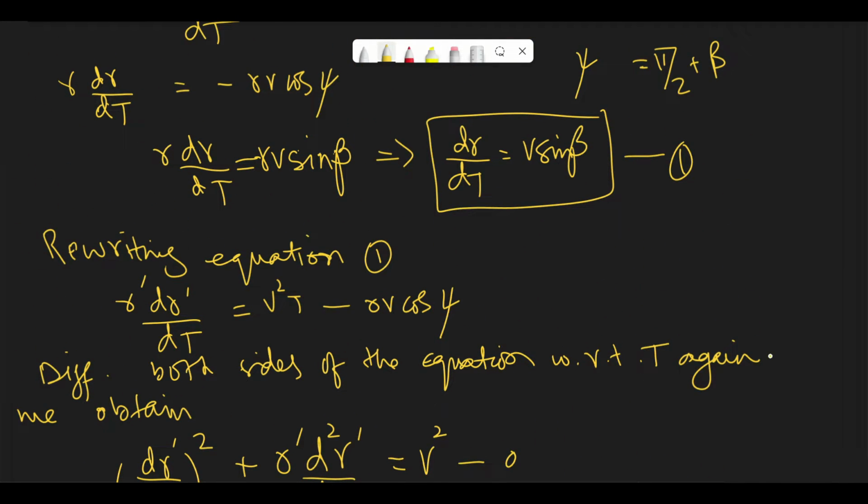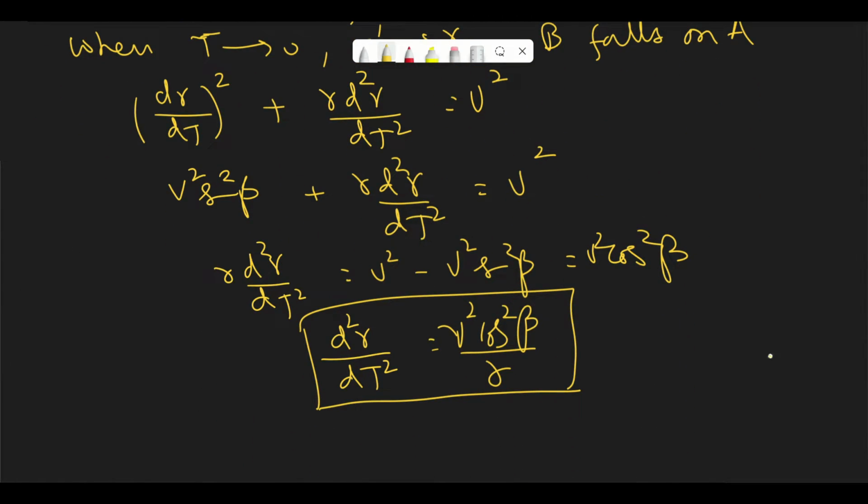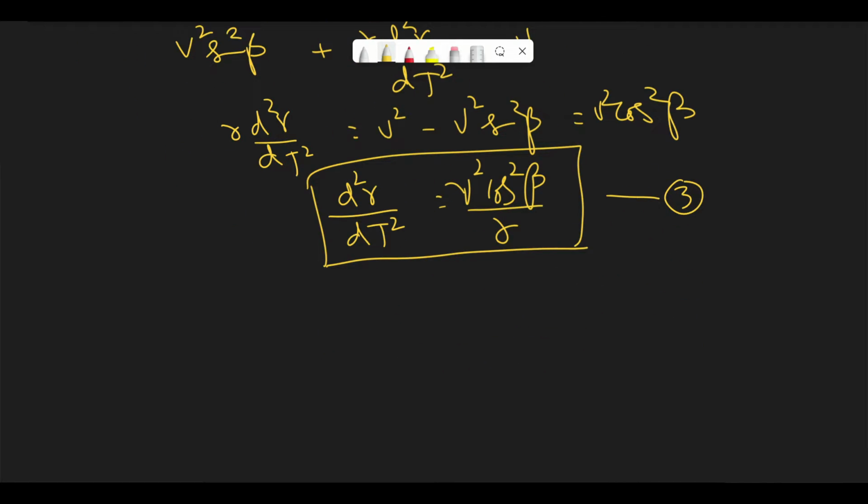Let us call this equation 2, and call this equation 3. So we got another formula, d square r over dt square is equal to v square cos square beta over r, another condition of inertia.